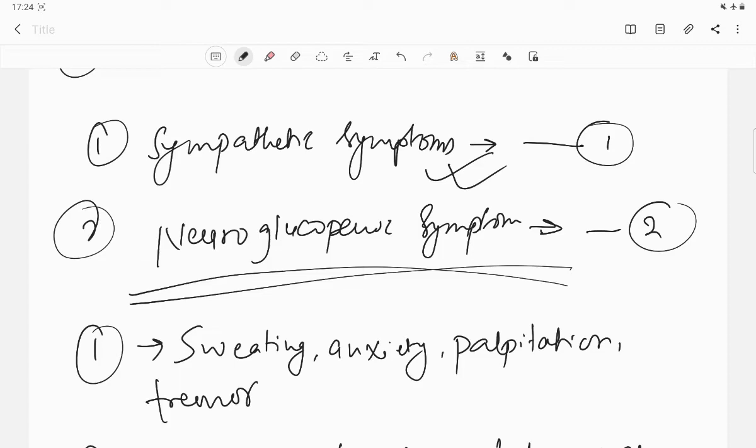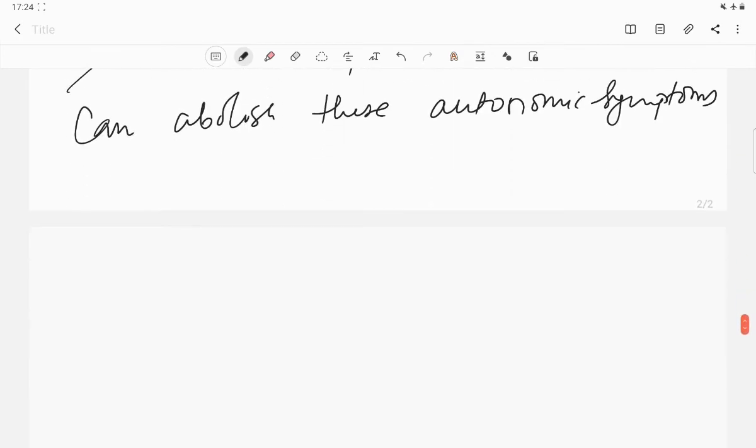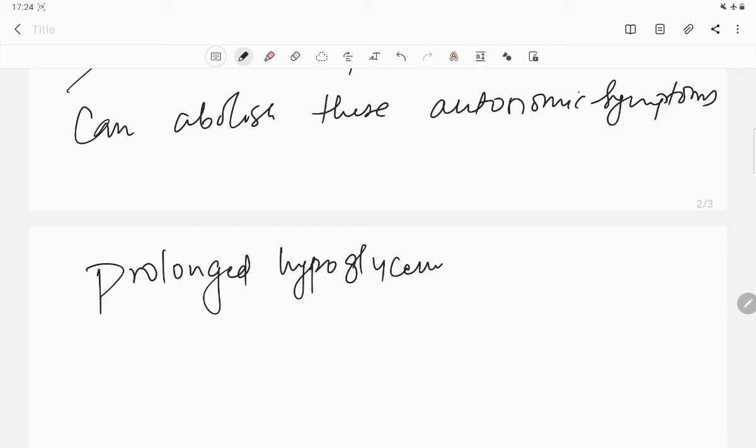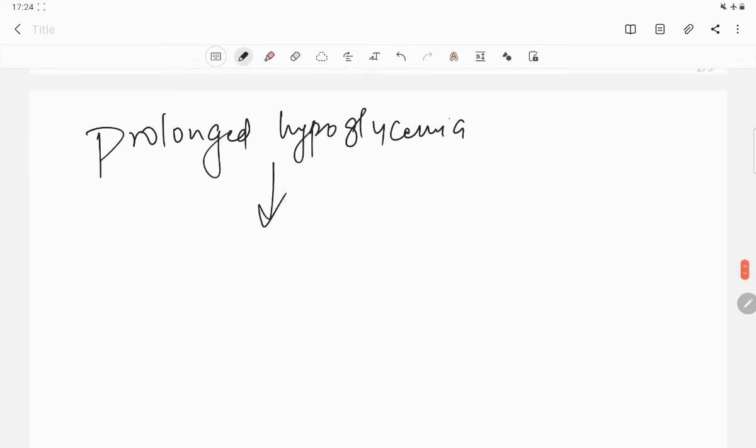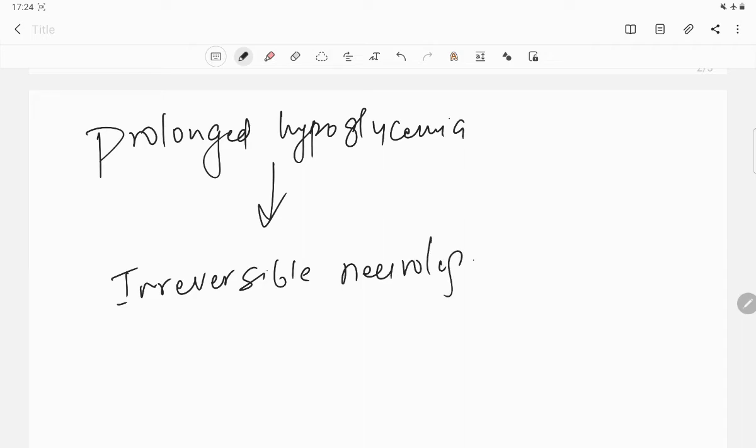So what is the treatment for hypoglycemia? Hypoglycemia needs to be treated right away, because prolonged hypoglycemia can lead to permanent, irreversible neurological deficits.